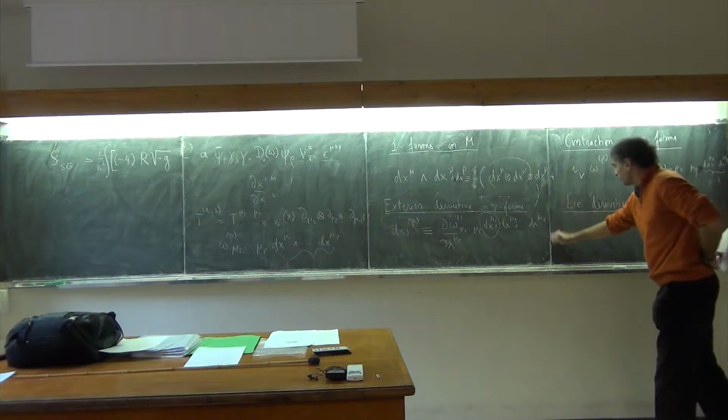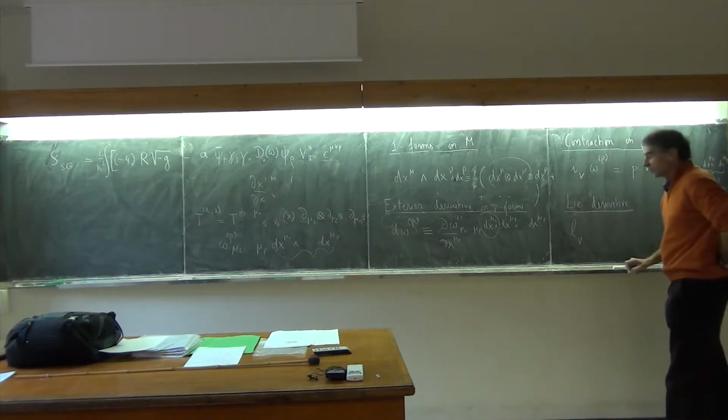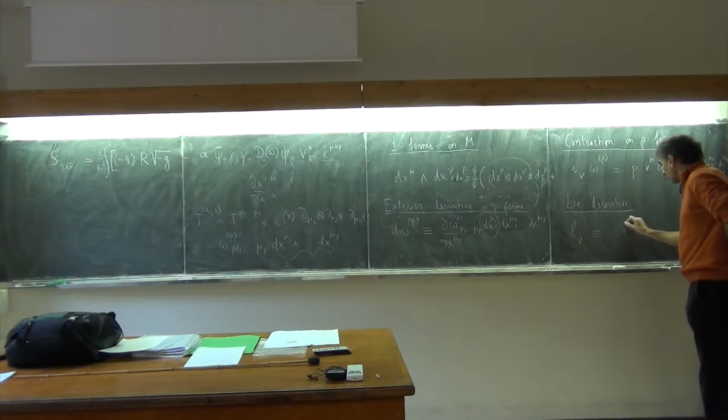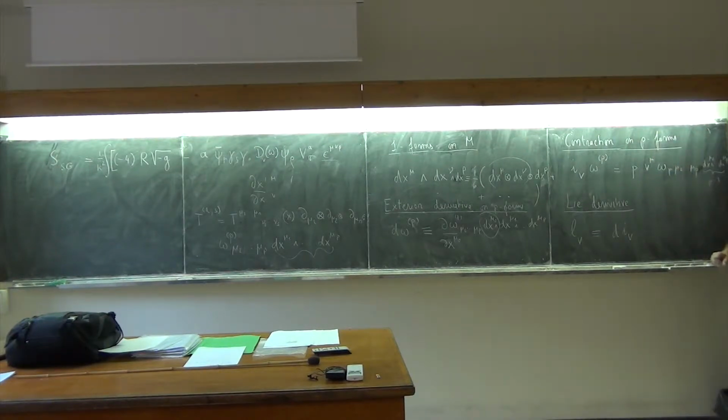And this we will prove because it is a rather important point. The Lie derivative along the vector is defined as this operation. First you apply the contraction, and then you apply the exterior differential, and then you take the reverse order, and you act with this on any p form. And this is the action of the Lie derivative.